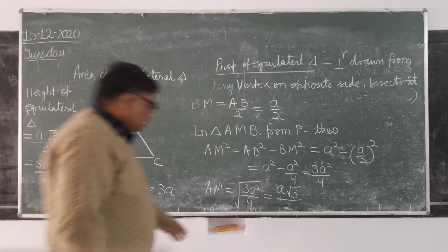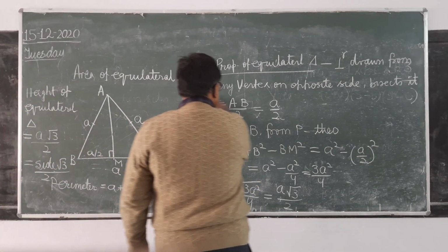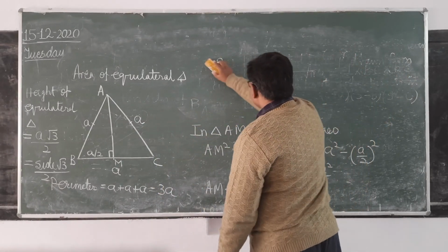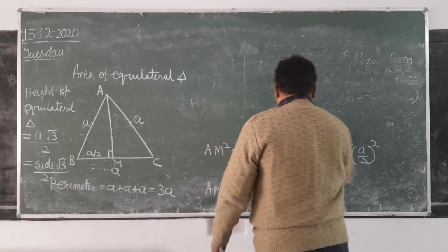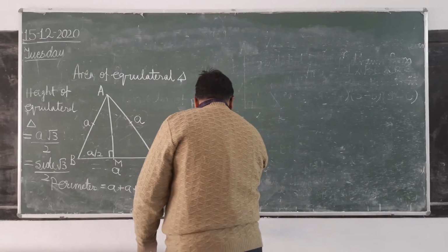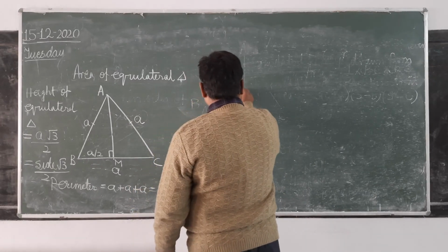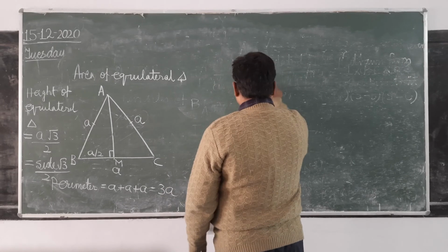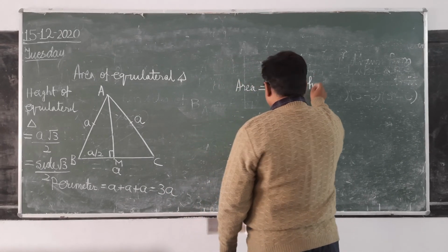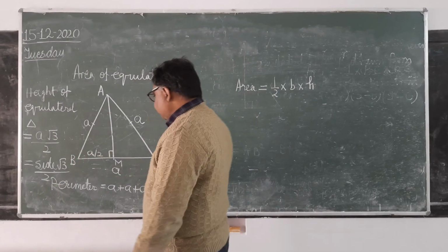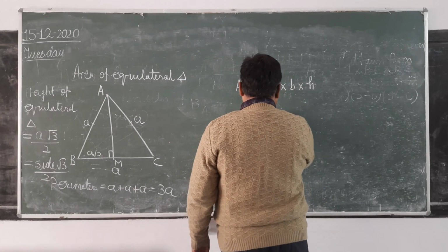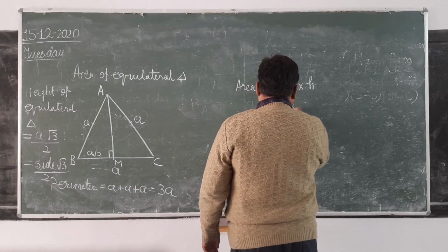Now we will determine the area. Area of equilateral triangle is 1 upon 2 base into height. If you take BC as the base, height will be AM. So it will be 1 upon 2 BC into AM.